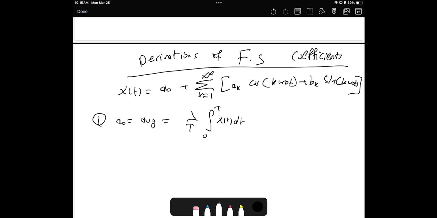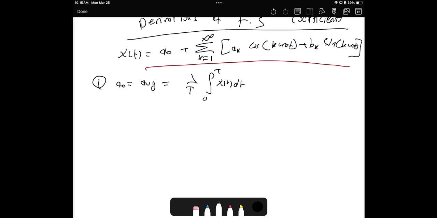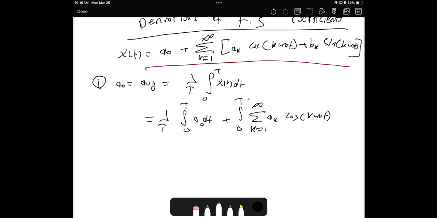In other words, substitute x of t with this long expression, then it's going to be 1 over T, the integral from 0 to T of A naught dt, plus from 0 to T, let's put the sum first here, k equal 1 to infinity, the integral of A sub k cosine k omega naught t dt, plus the integral from 0 to T, the sum of b sub k from k equal 1 to infinity, sine k omega naught t.